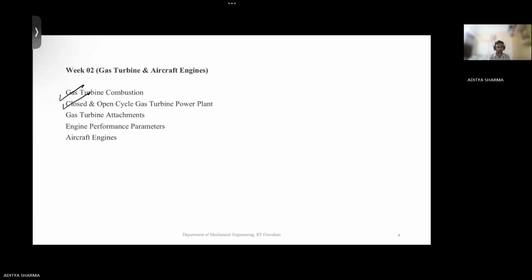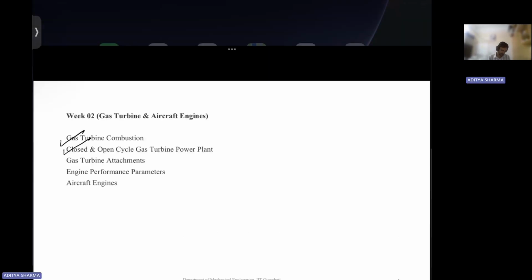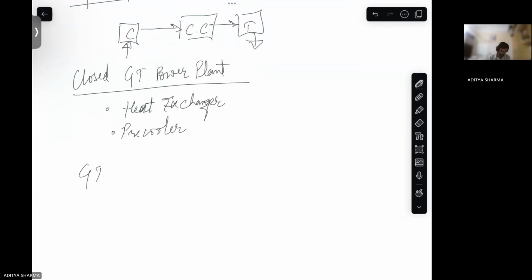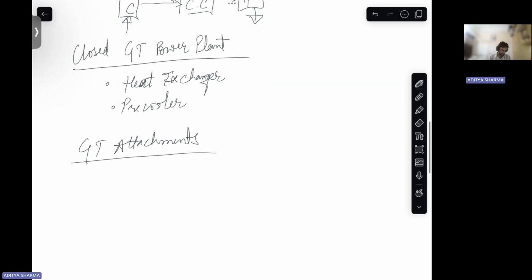Then there are gas turbine attachments. So gas turbine attachments, one is your heat exchanger. Okay.